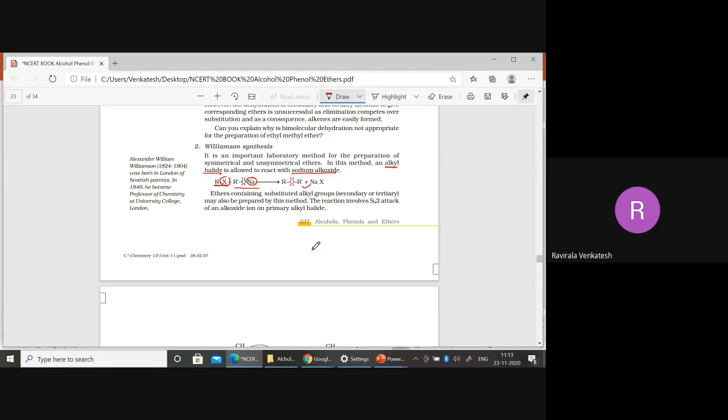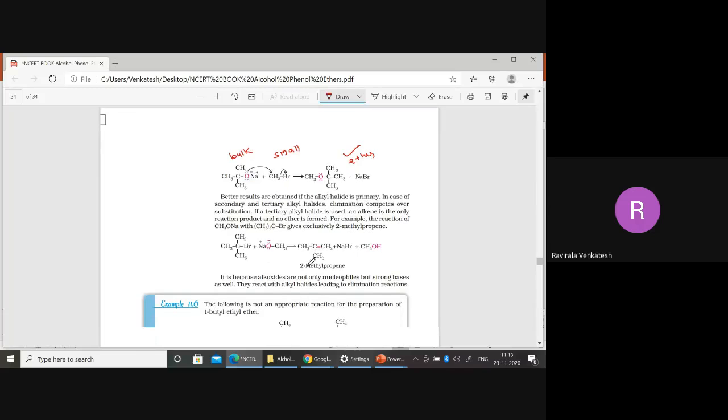Now in this case, the limitation we discussed, you observe. Now alkoxide is bulk group. Yes, bulk group must be alkoxide. The alkyl halide must be small group. Now you got ether, correct? You got ether as a major product. But here what have they taken?